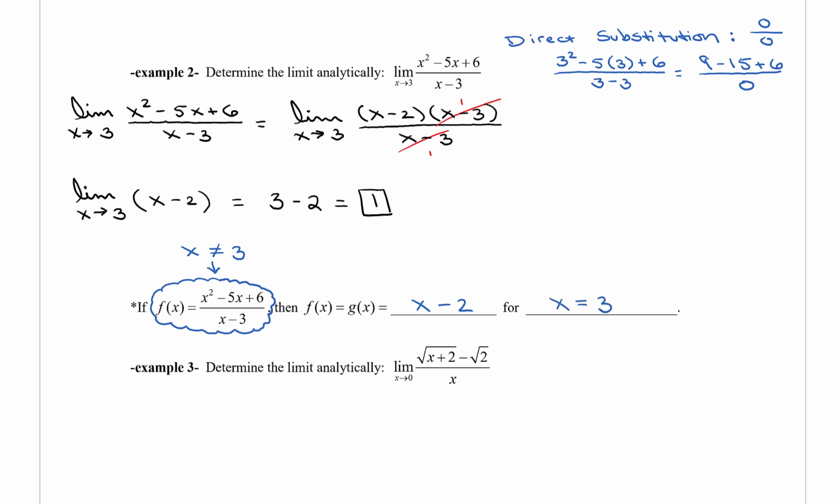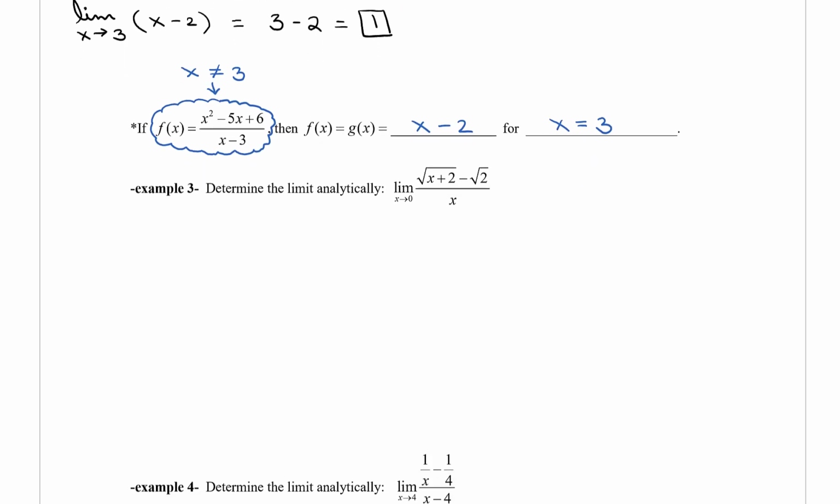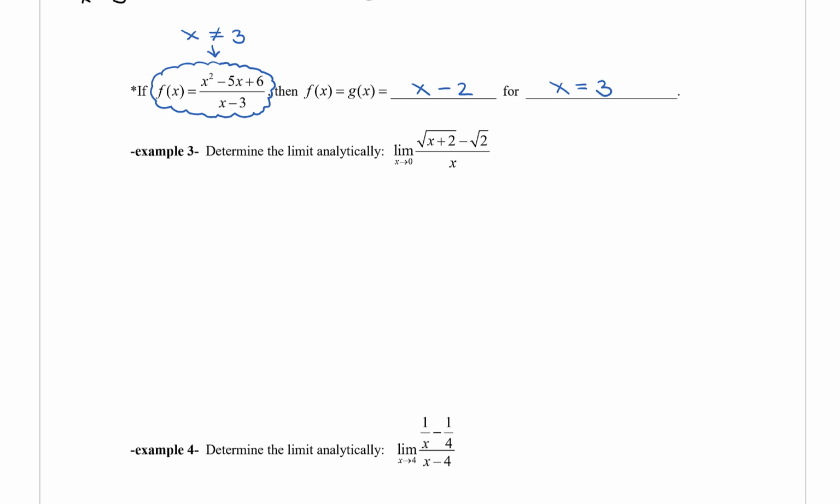Determine the limit analytically. The limit as x approaches 0 of, in the numerator here, the square root of x plus 2, all underneath the square root, minus the square root of 2, all over x. Once again, let's try direct substitution and let's see what we get. I'm going to substitute x equal to 0 into the function.